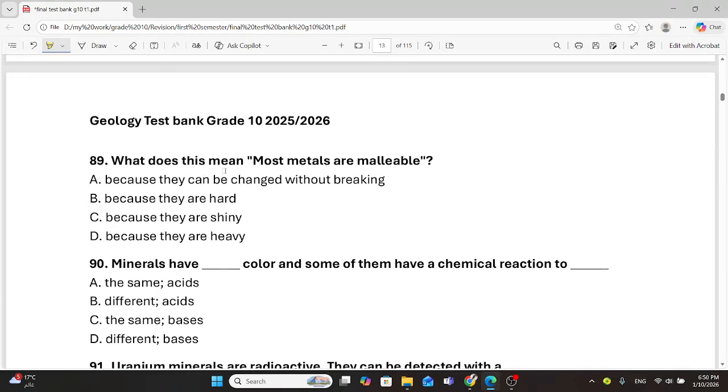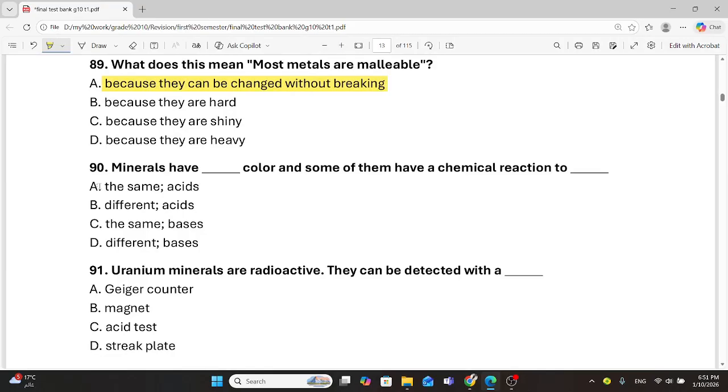What does this mean? Most metals are malleable. طيب ده معناه إن هما can be changed without breaking. طيب minerals have same color but some of them have a chemical reaction to acids.